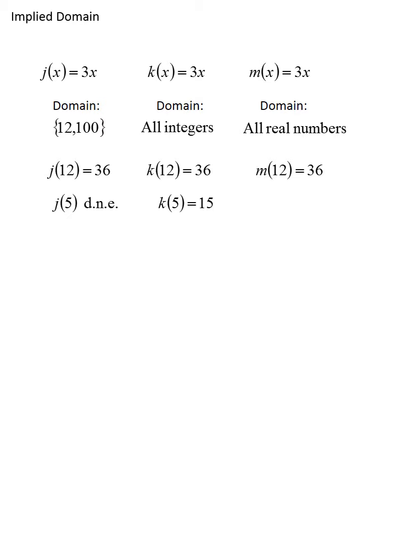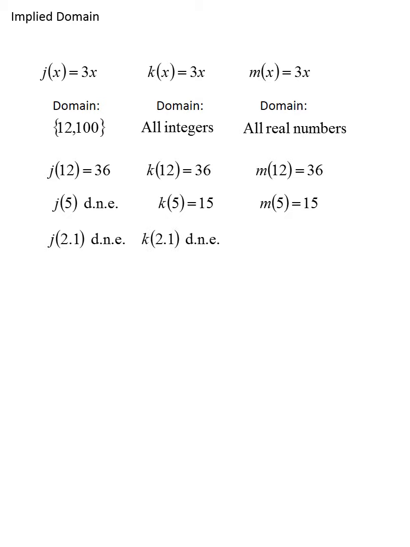For k of 5 would be 15, because 5 is an integer and therefore an allowable input. M of 5 would also be 15 because 5 is a real number. Real numbers are basically all positive and negative whole numbers and decimals, very roughly stated. Well, we can see that j of 2.1 wouldn't exist. We can't plug in 2.1 to a function where the author's not allowing us to.